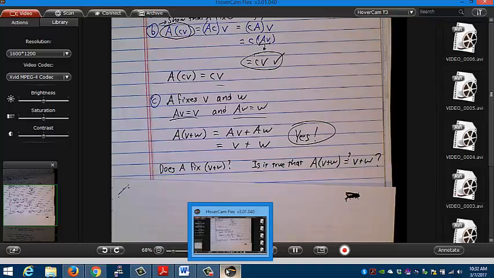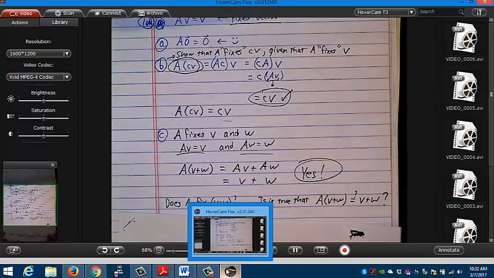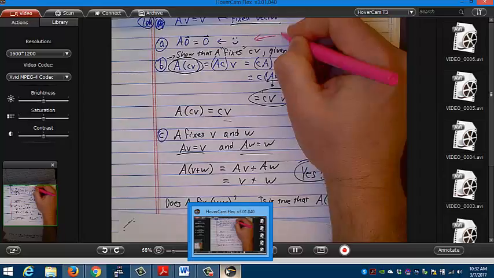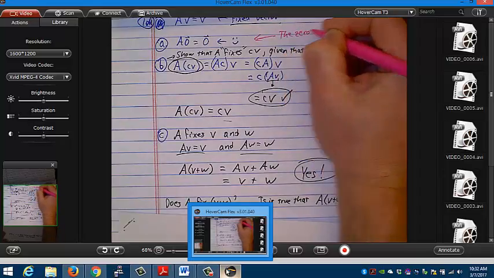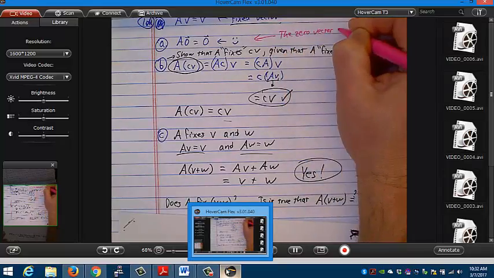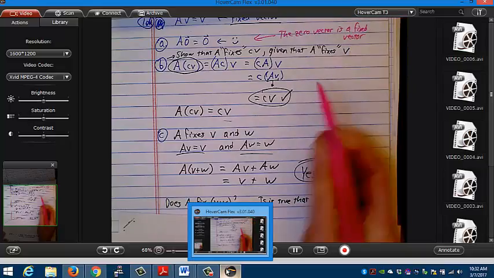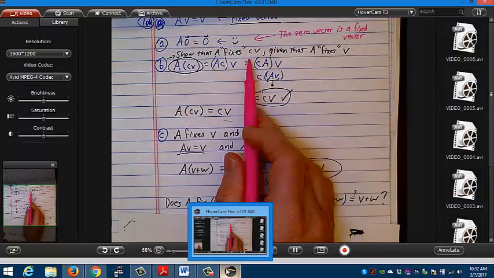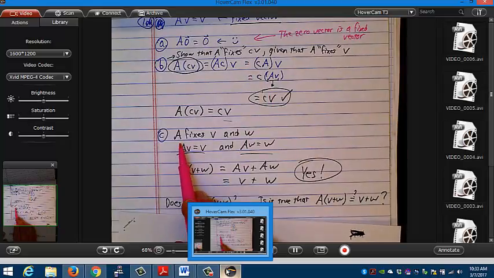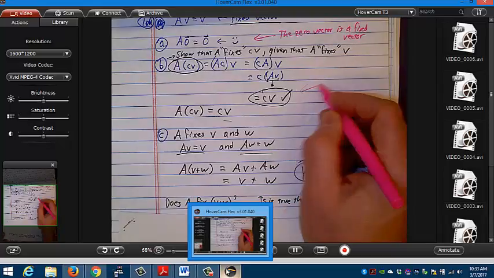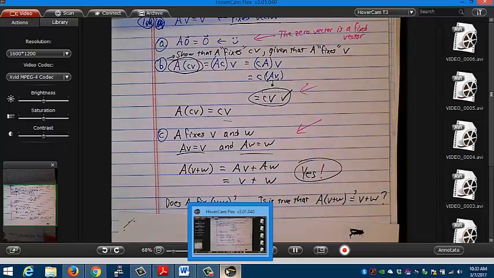So let me go through the three things we just did. We showed the zero vector is a fixed vector. And then we showed that if A fixes V, it'll also fix CV. And then we showed if A fixes V and W, it fixes V plus W. So there were basically three steps. What is it that we showed by showing these three things?